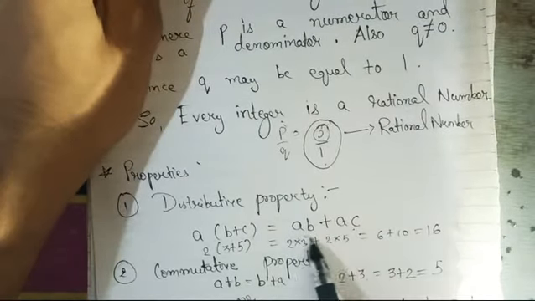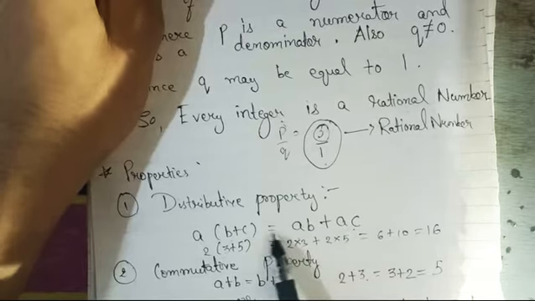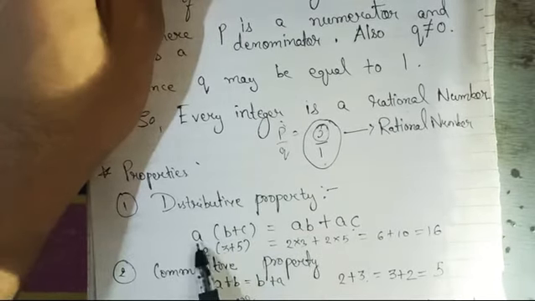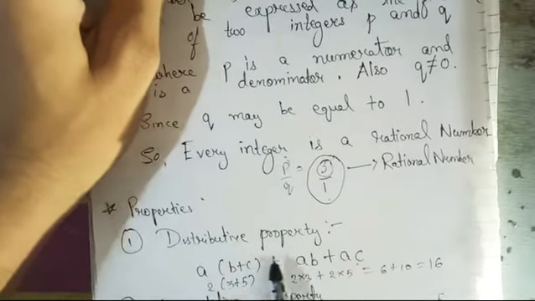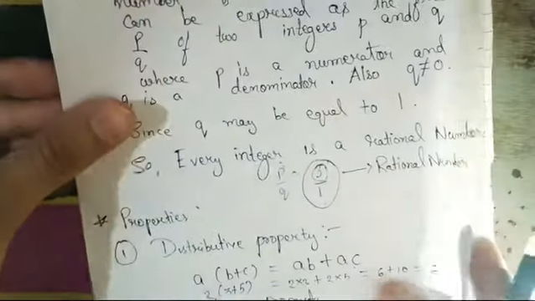So in this form the question was given, and I have taken A common. So this property is used here, and the property is distributive property. So I will write in the right hand side that distributive property is used.